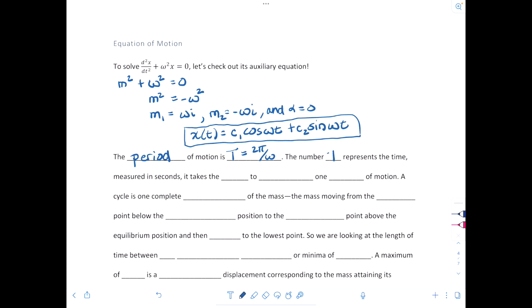The number T represents the time measured in seconds it takes the mass to execute one cycle of motion. A cycle is one complete oscillation of the mass.